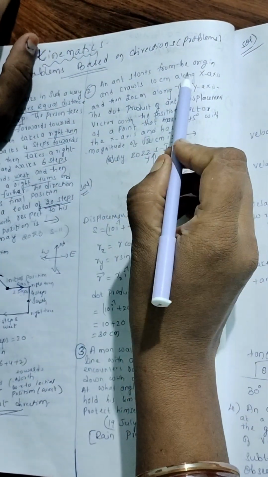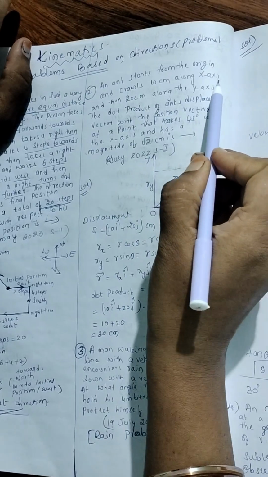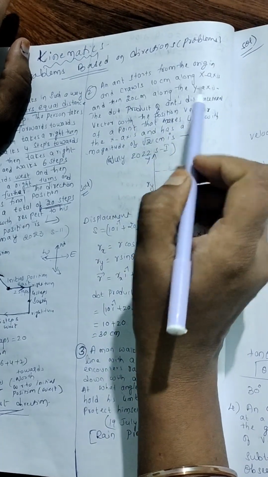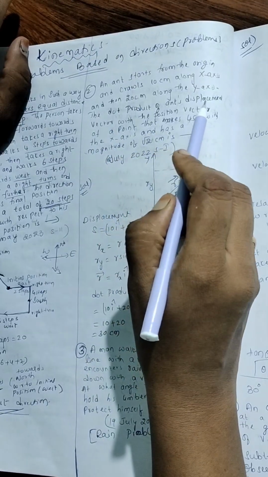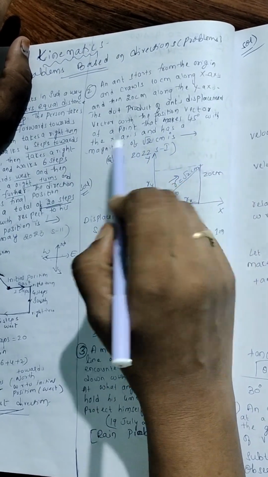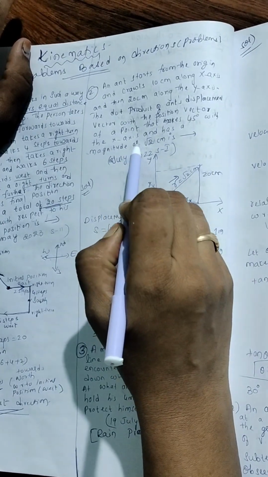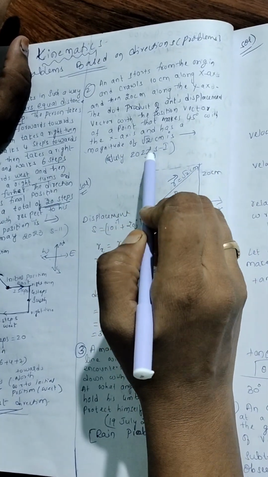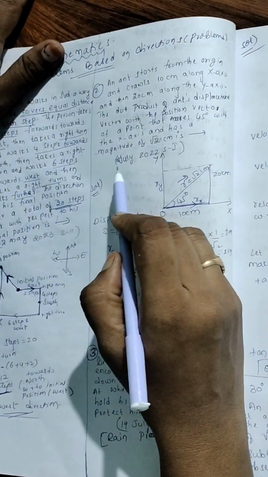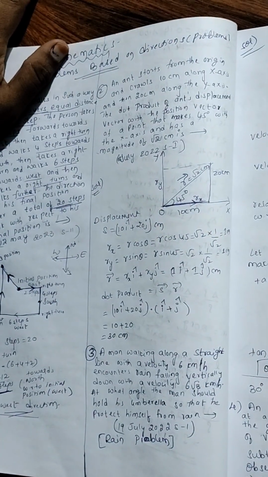An ant starts from the origin and crawls 10 centimeter along the x-axis, then 20 centimeter along the y-axis. He is asking for the dot product of the ant's displacement with the position vector of a point that makes 45 degrees with the axis and has magnitude of root 2 centimeter. It was asked on 18th July 2022, shift 1.